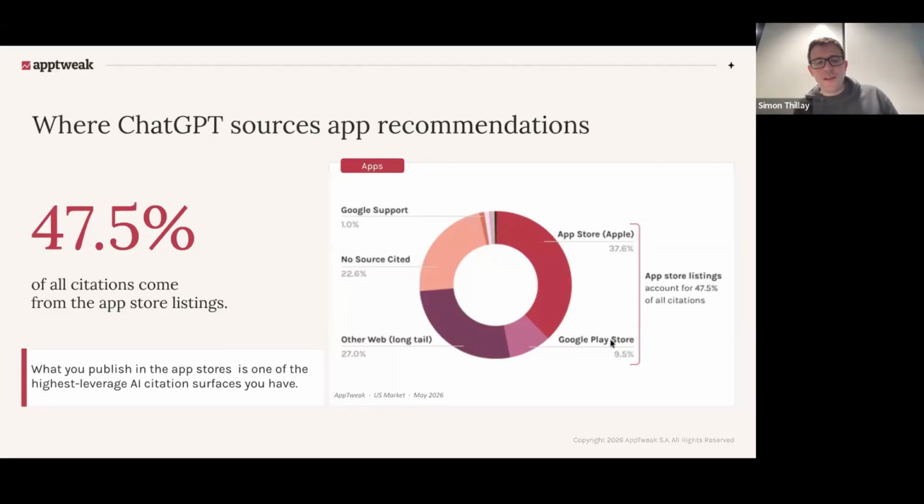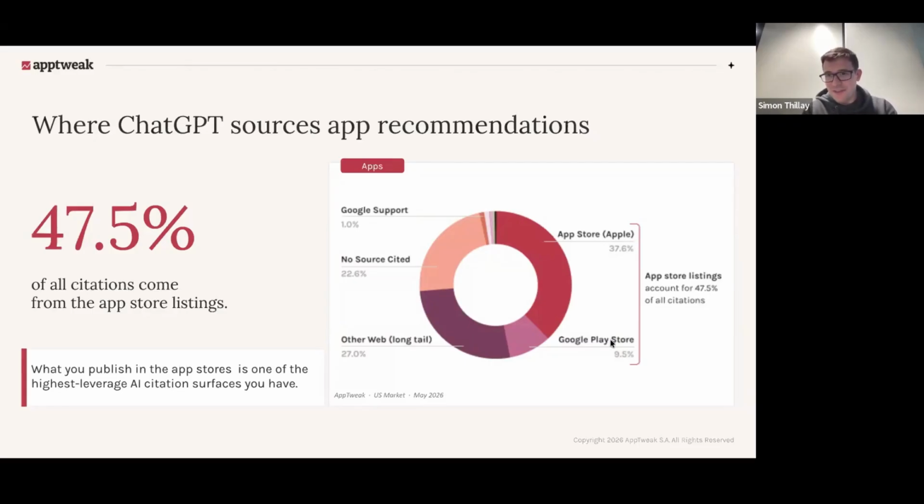Something that's also specific about AppTweak's AI visibility tool is that we focus on queries that are likely to drive people from their LLM of choice to an App Store page. So I see there's a question: why does the App Store have a higher percentage here? This is a question we don't fully have the answer to.